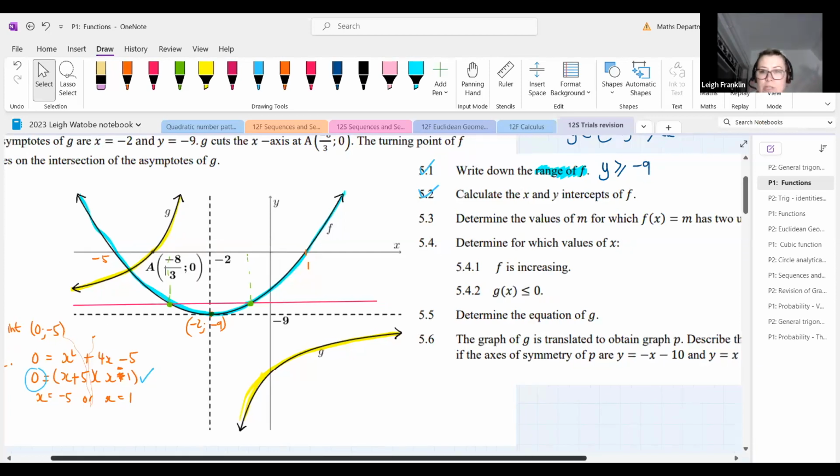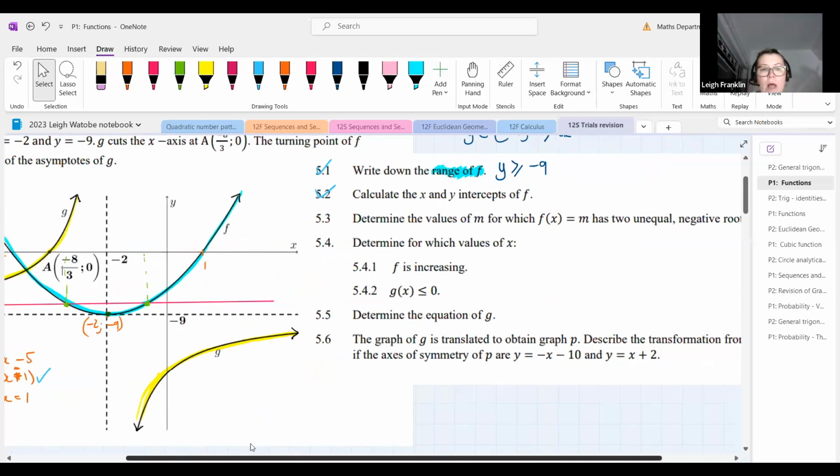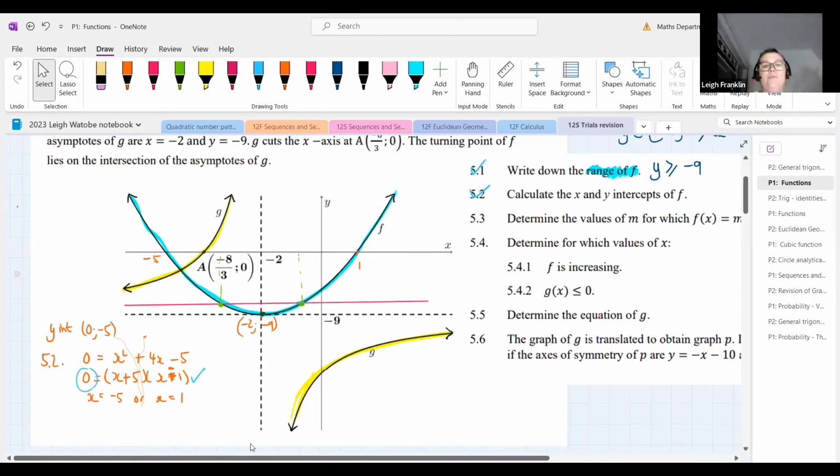But not only do they want the roots to be unequal, they also want them to be negative. Yes, correct, Pinga, because they're talking about the roots. The roots are the x values, not the y values.